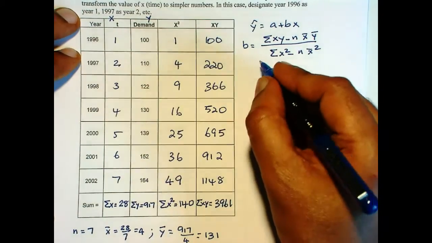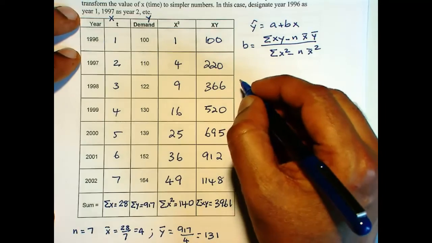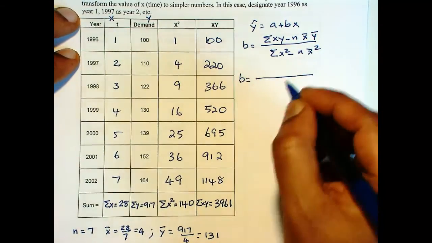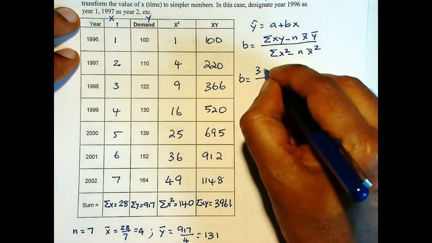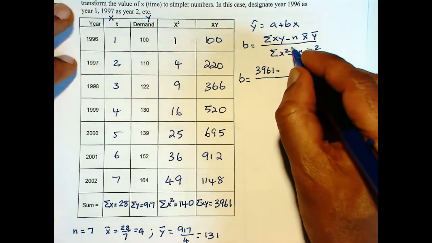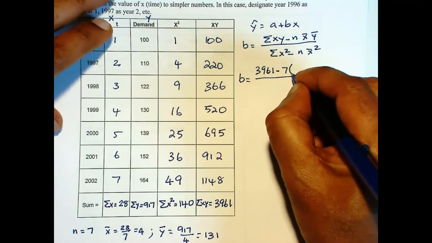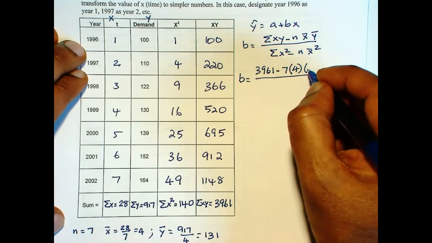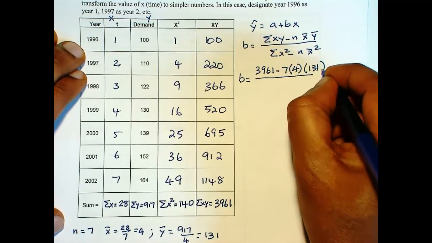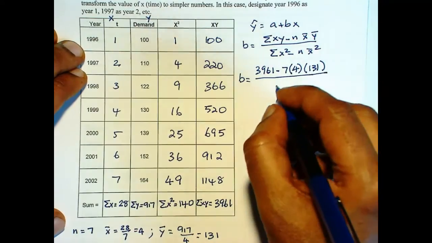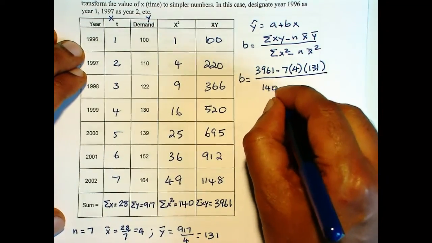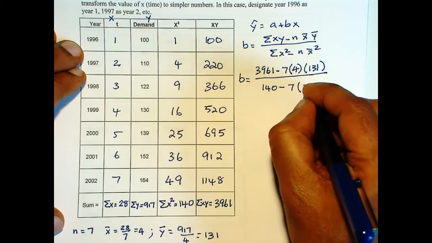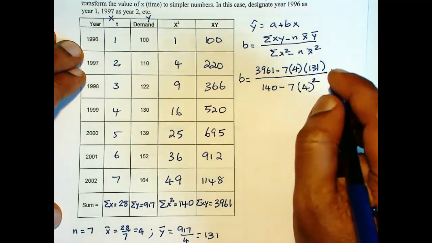So now we can enter these into the formula. Sum of xy is 3961, minus n is 7, x bar is 4, y bar is 131, divided by 140, which is sum of x squared, minus 7 times 4 squared.